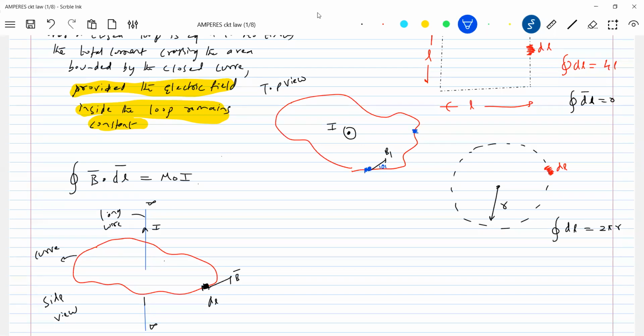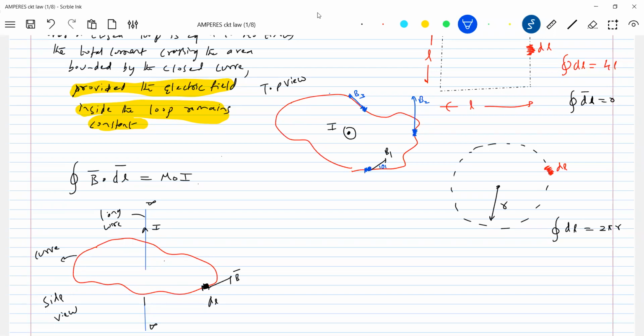Now again at this particular point, you look at B bar and the current element. Both will be in the same direction. There's no rule that B bar should be parallel to dl bar at all points. At some points it may be.